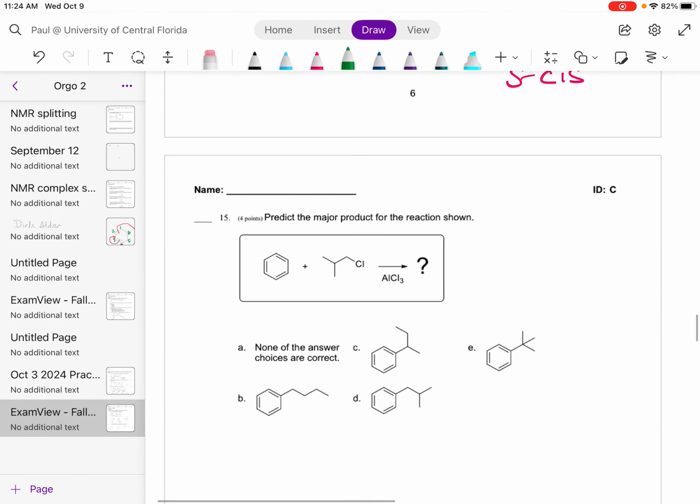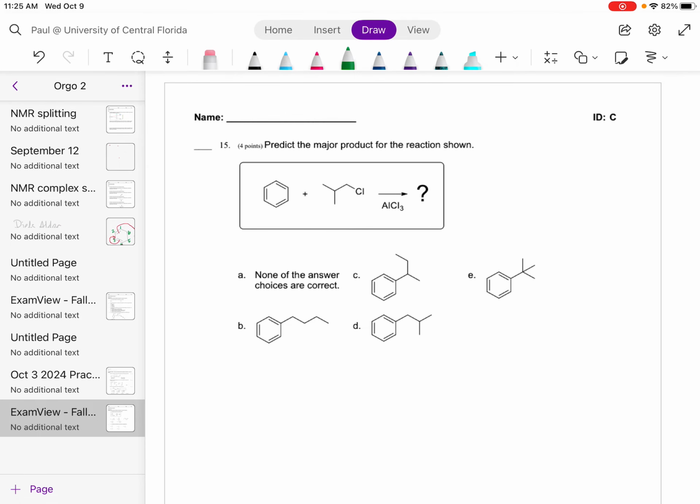Predict the major product of the reaction shown below. If we do an incomplete mechanism here to help illustrate this, realize that your intermediate is going to look like this.